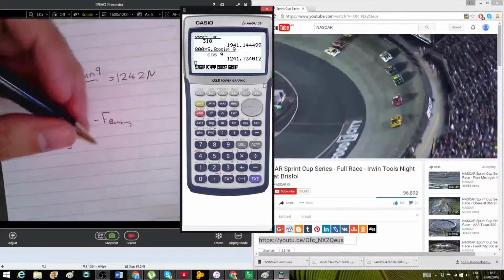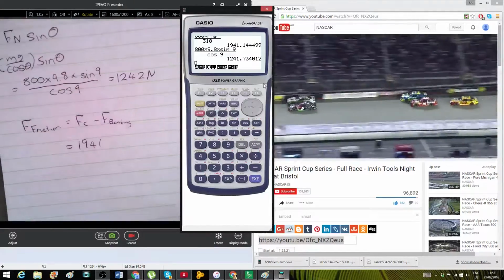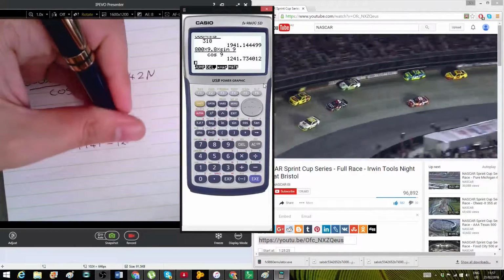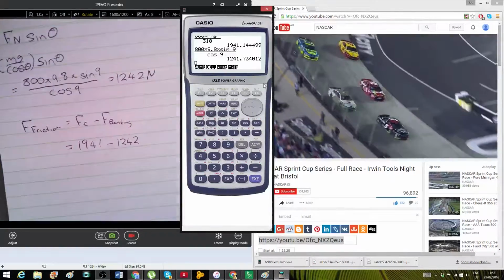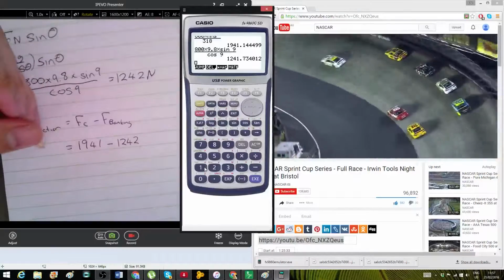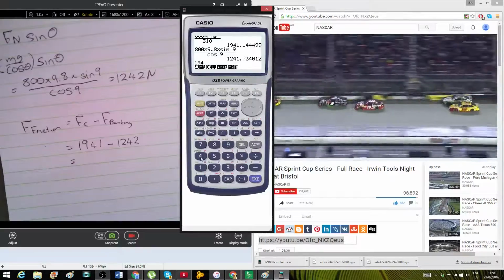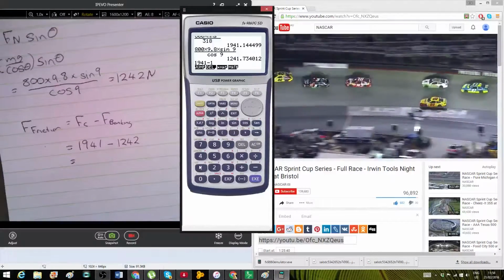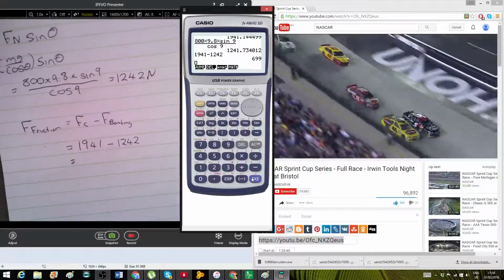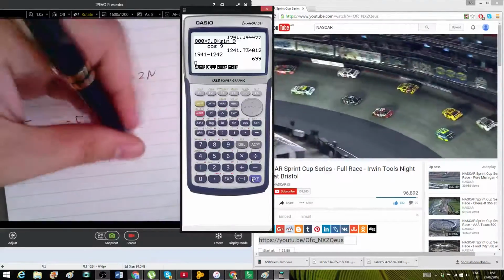Our answers were: centrifugal force required was 1,941 newtons, minus the banking of 1,242. Let's work this out. 1,941 minus 1,242 equals 699 newtons required of friction.